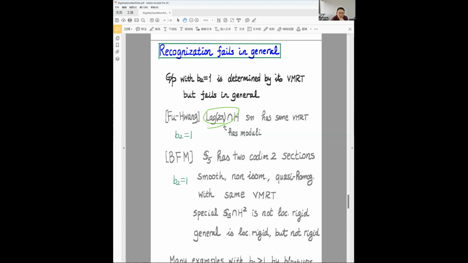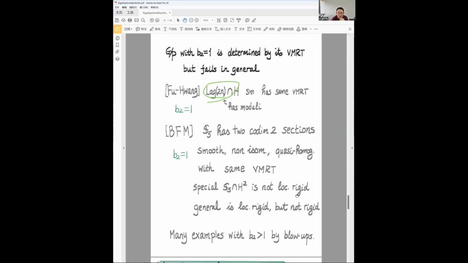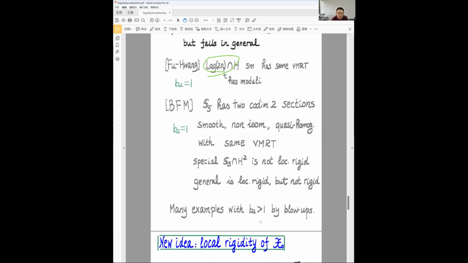And also one particular example is the 10-dimensional spinor variety. You have in fact two types of codimension 2 sections, which are not isomorphic but have the same VMRT. But the special one is not locally rigid. The other one is locally rigid but not rigid. And if you have higher dimension, then you get many more examples.